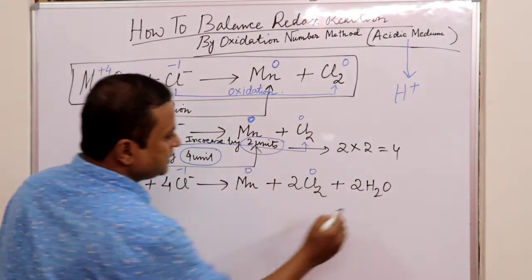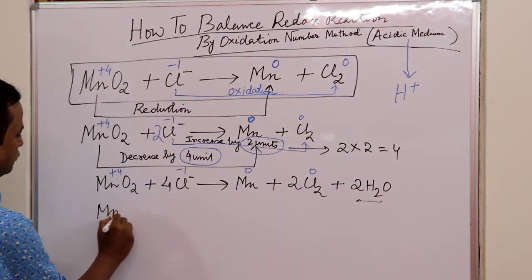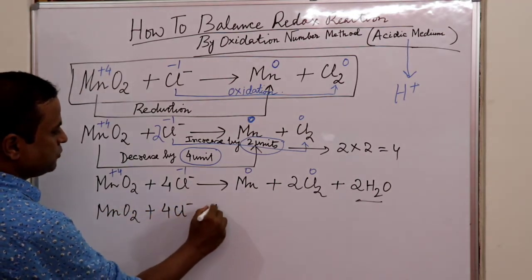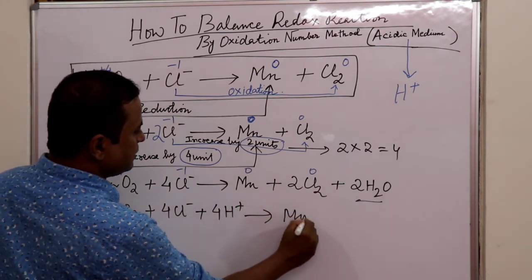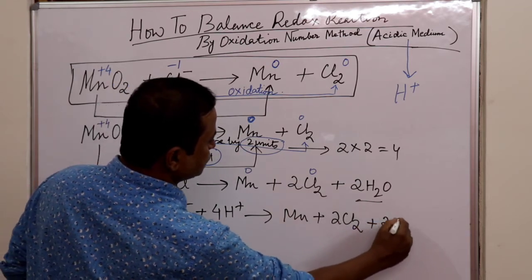How many hydrogen atoms are there? 4. So we will write MnO2 plus 4Cl minus plus 4H plus gives Mn plus 2Cl2 plus 2H2O.